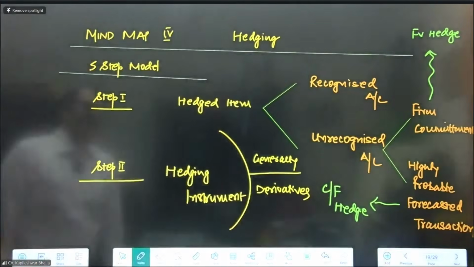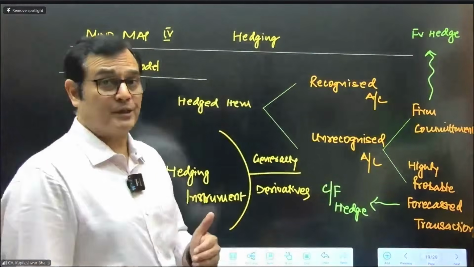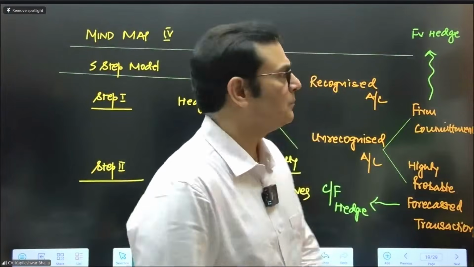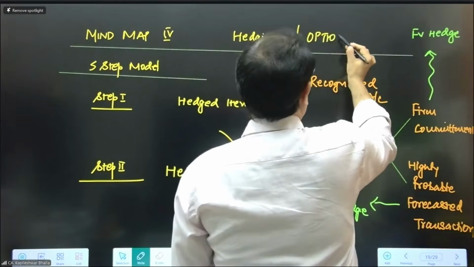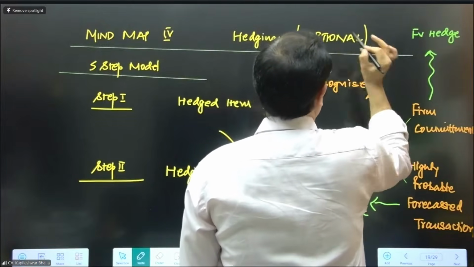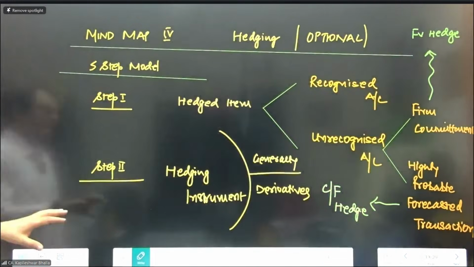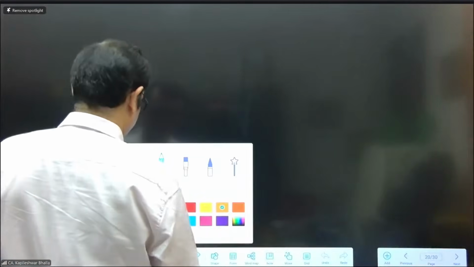Forwards, futures, and options are the tools with which the hedging is done. And of course, hedging is something which is optional on the part of the company. So let's also make a note at this stage that this is completely optional on the part of the company. So that is step number 2, getting the item and getting the instrument. Then comes step number 3.